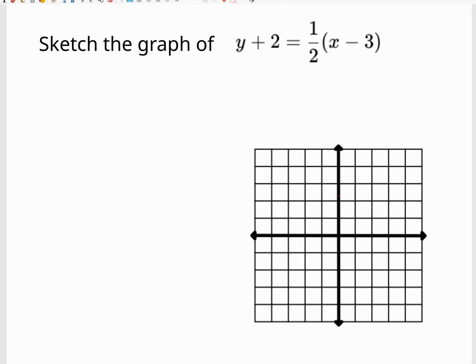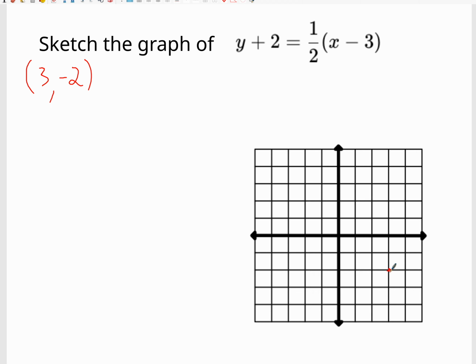All right, let's do another one. So what is my ordered pair? The x value is going to be 3, and the y value is negative 2. Okay, so plot 3, down 2 right there. And then what is the slope?